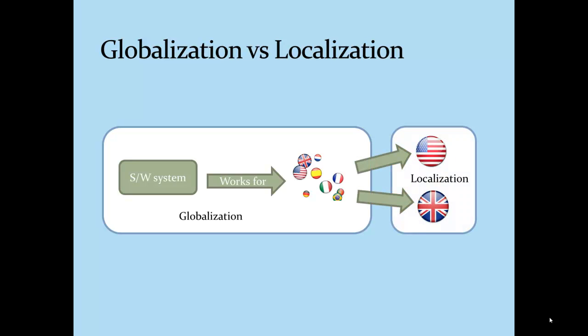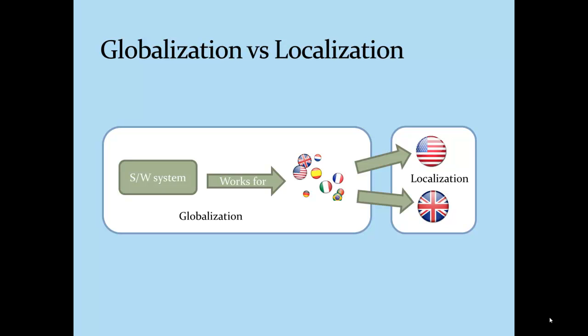Once the application is developed which can be adapted to multiple cultures, that is globalization, that application is taken by some developer who will provide some kind of inputs to it and take it to the local level. Okay, in short, localization can be defined as the process of customizing an application.